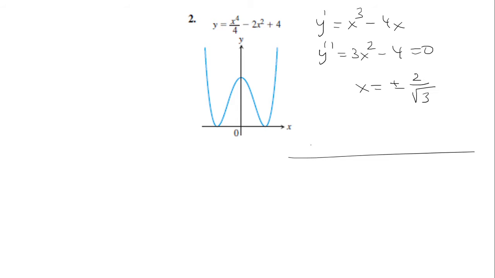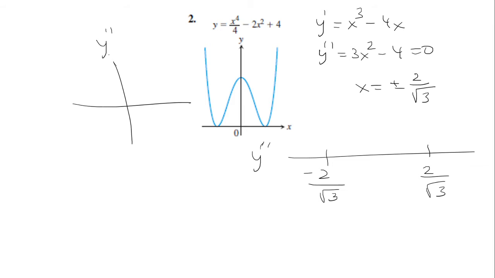Okay, now we're going to draw the number line. So again, these are the 2 roots that we got. And then we want to plug it in. So the second derivative is a quadratic, right? So it's going to look something like this.